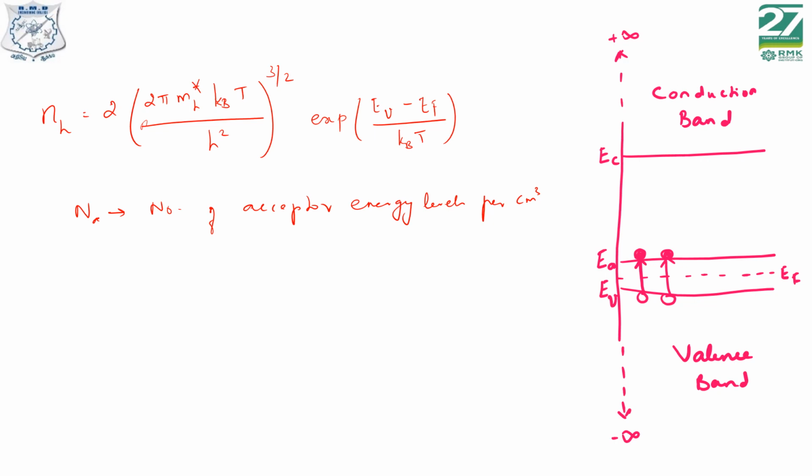That's the meaning. Then let me write the general equation, that is the electron density in the acceptor energy level.